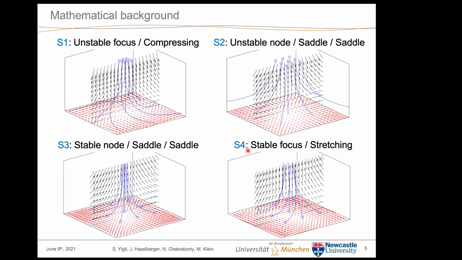You can see the mathematical terminology here, but maybe it's more intuitive to think about it in terms of either strain or vorticity dominated flow. These two are vorticity dominated, these 2 flow types are strain dominated, and this now can in addition be combined with distinguishing either a convergent or divergent flow behavior.